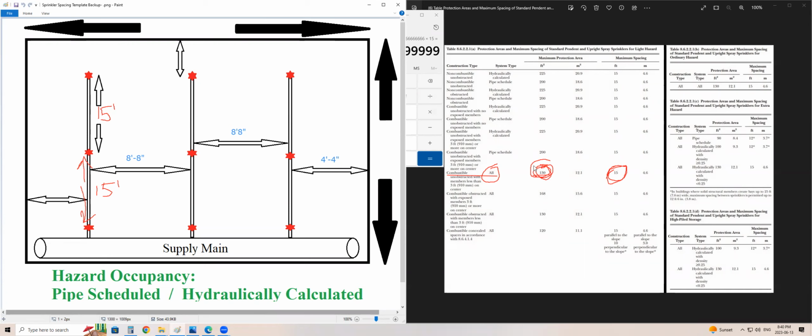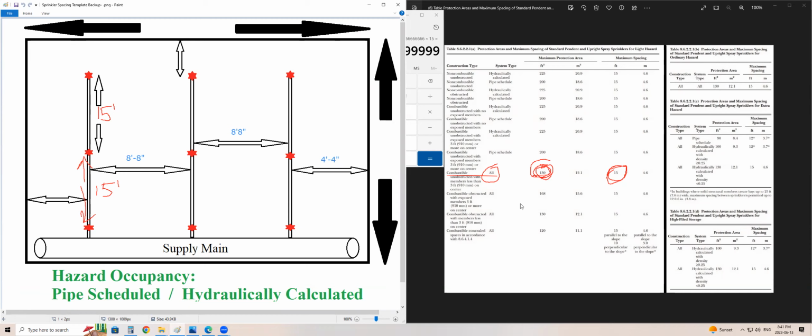I'm actually glad I jumped onto this one for light hazard, because I really like to use this 130 for ordinary hazard. This is such a common issue. Let's say we weren't going off of light hazard here, and we're actually going to pretend this is ordinary hazard. As I look down the chart, it stays the same.